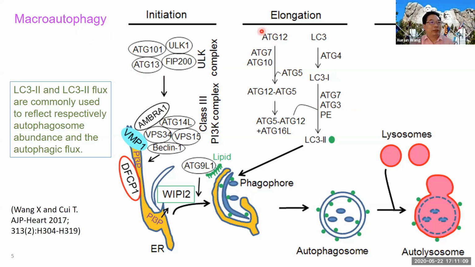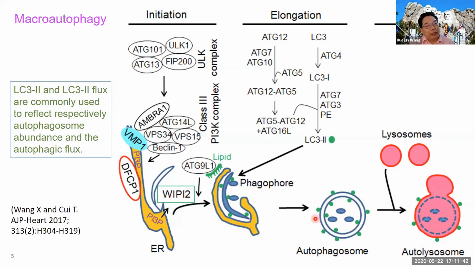I'm not going through all these detailed procedures here, but I want to highlight that in the process of autophagy formation and maturation, LC3, especially the lipidated form known as LC3-II, is incorporated into the autophagic membrane at a very early stage of autophagosome formation and stays with the autophagosome throughout the whole process.